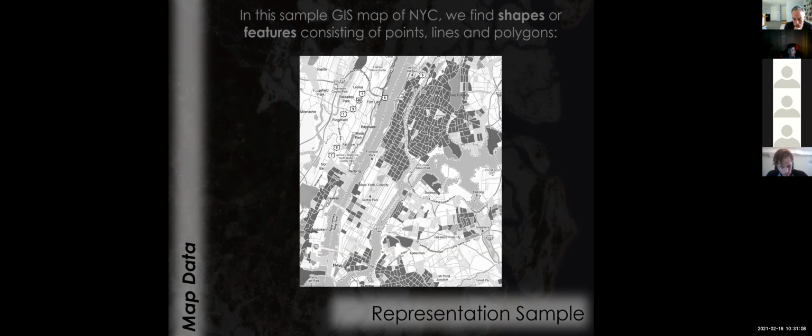Right, so first, if we look at the points, in this case, they're using a little tree symbol, but those points represent the locations of parks. And then we have line features that are used to represent major roadways in this example.